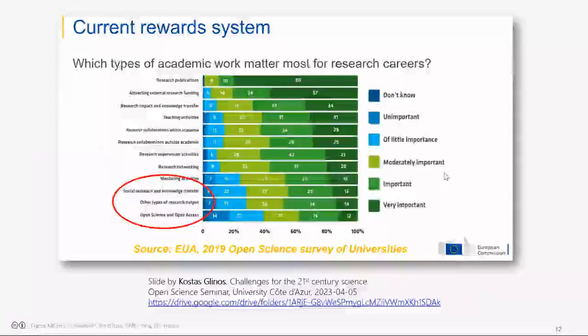Now look at the last line: open science and open access. That means that for a researcher, focusing on open access or open science is the least impactful for their career, which means there is a clear problem in the way we evaluate the production of a researcher and how it impacts their career. So again, we have to reward what we want.